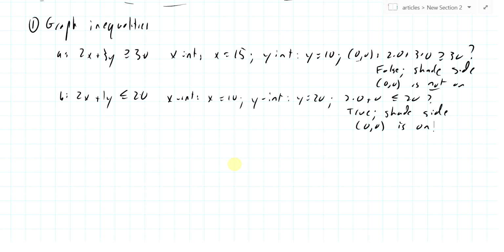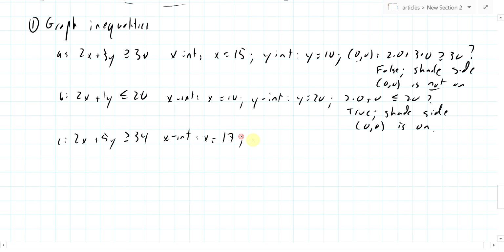Okay, and then the last one is C, 2x plus 5y greater than or equal to 34. What's my x-intercept? Well, 34 divided by 2 is 17. My y-intercept, y equals 34 divided by 5, that's 6.8.